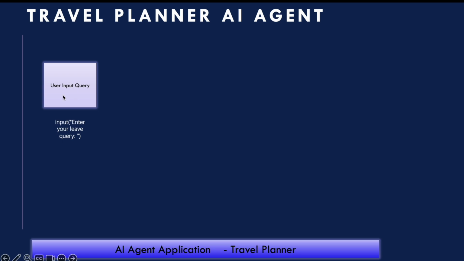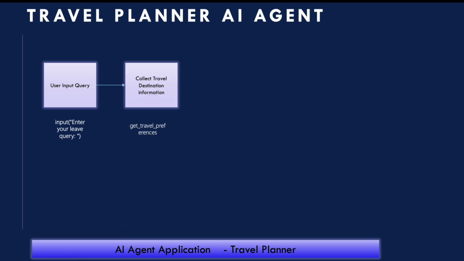This is the first step in the AI agent processing, collecting the information from the user. You can search for enter your leave query in AI_agent.py to get more detailed information about this flow. Then it collects the travel destination information. You can look for the get_travel_preference function in AI_agent.py.